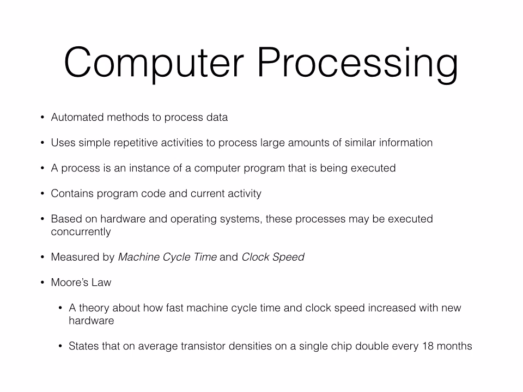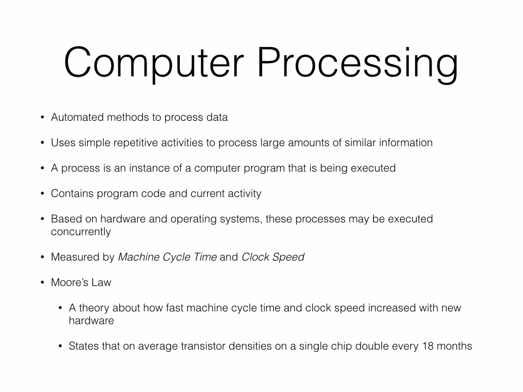A process is an instance of a computer program that's being executed. It contains program code and instructions about current activities. Based on hardware and operating systems, these processes may be executed concurrently, and so many times they're measured by machine cycle time and clock speed.